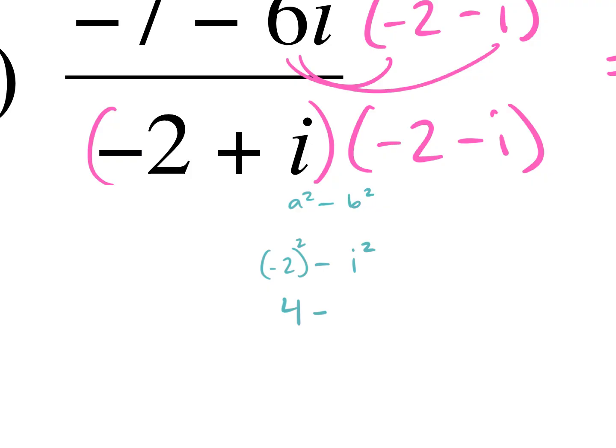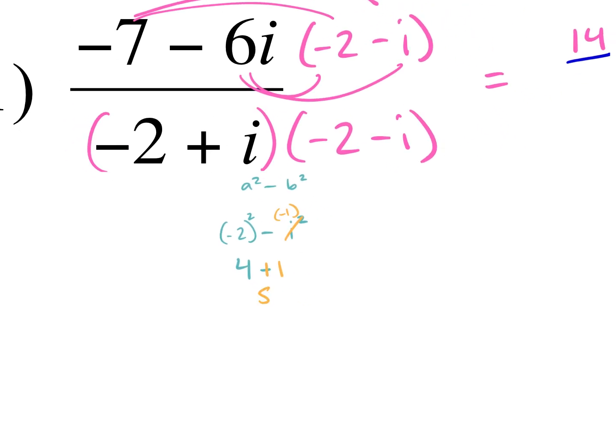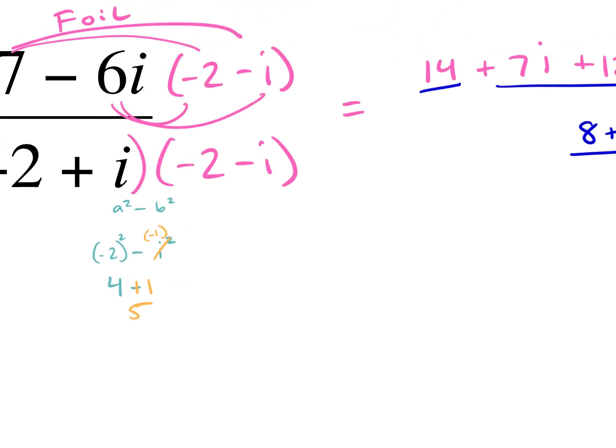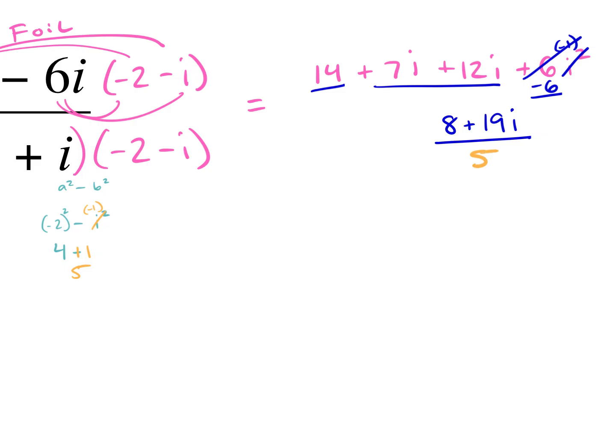What is i squared? Negative 1. So what does minus negative 1 change to be? Plus 1. Perfect. So 4 plus 1 would be 5. So this would be our answer. On WebAssign, it wants you to separate it. So 8 over 5 plus 19i over 5.